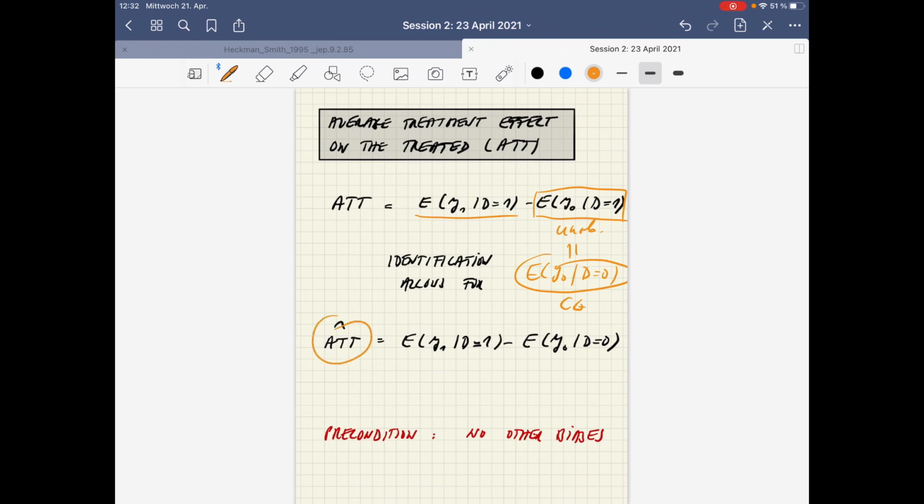And this allows us to estimate, right? That's the estimate, the ATT hat. This allows us to estimate the causal effect. So this one here is observable, this one here is observable, and then we can measure the causal effect, ATT hat. Precondition, of course, there are no other biases like substitution bias.